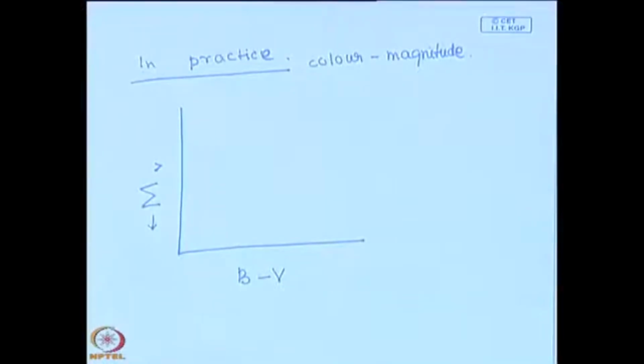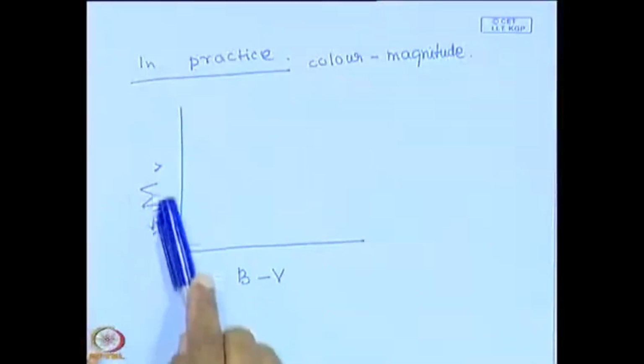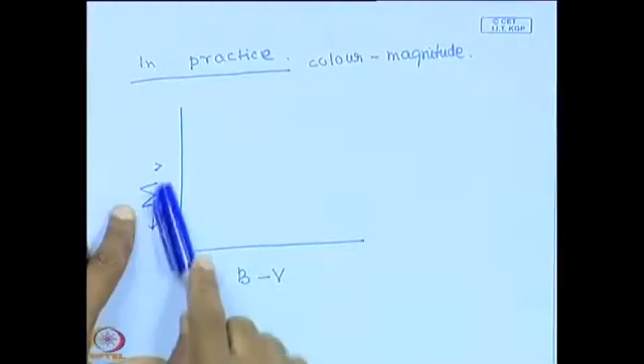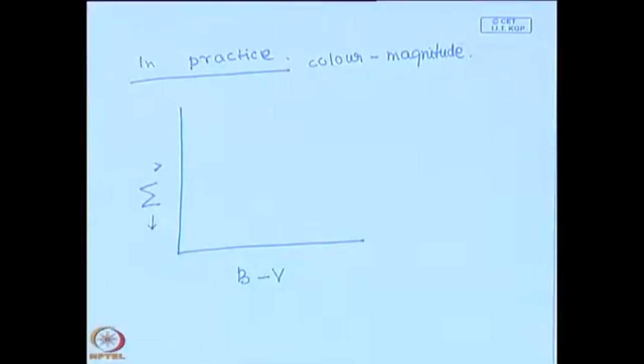Even now there are very few direct methods, but the parallaxes were measured only for very nearby stars. So, there was no way you could determine the absolute magnitudes. You don't know the luminosity for a star, but what you could do was look at stars which appear in a cluster.